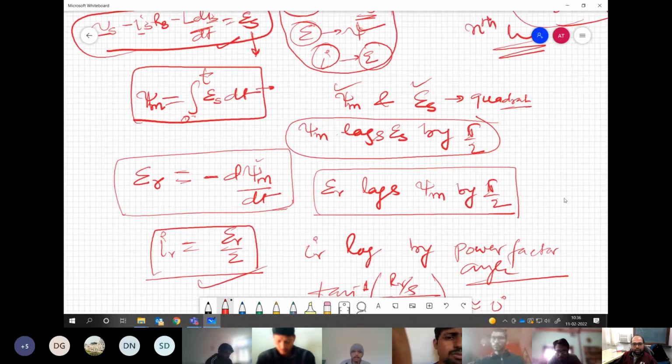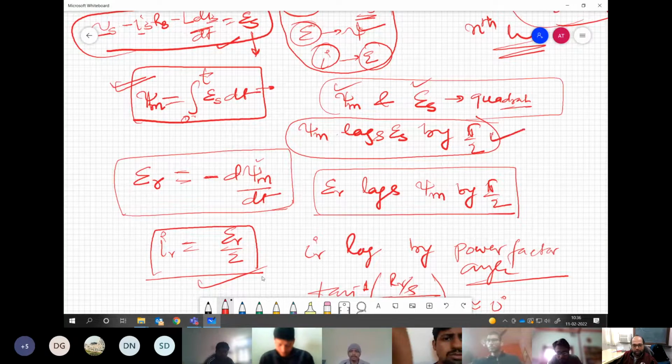And this relation will still be true. There is no problem in that. Psi m lags ES by pi by 2. This is always true. Then whenever we have flux, there is EMF generated with respect to that. So ER is always lagging psi m by pi by 2. This is also always true for any harmonic, fundamental harmonic, everything.